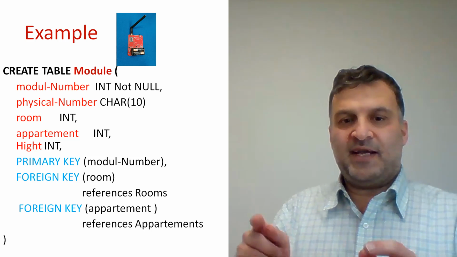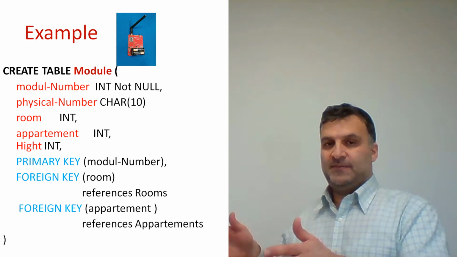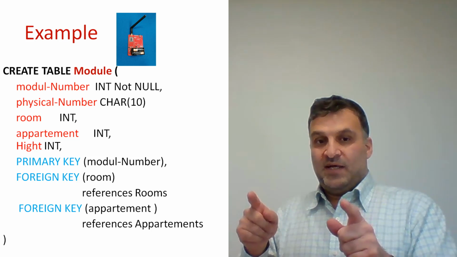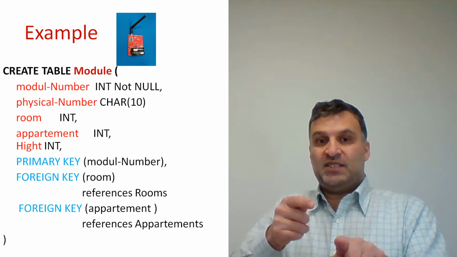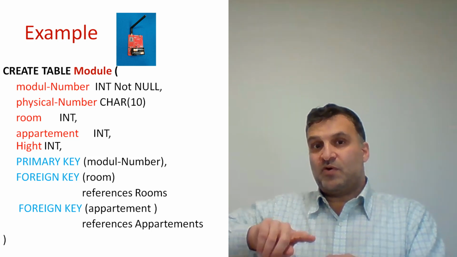That means we have another table, a detailed table, that records the rooms, and we have a relationship between these two tables. The column room here is not a reference for the modules, but it is a reference for rooms.